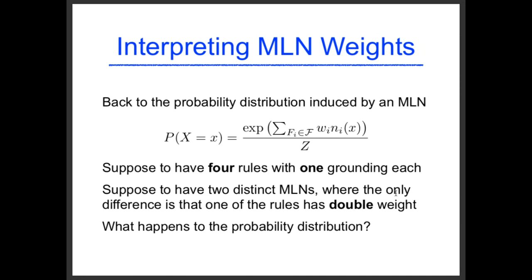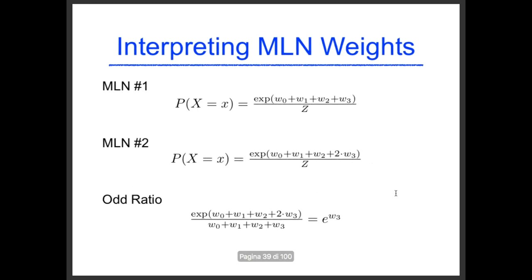And suppose you have 2 distinct MLNs where the only difference is that one of the rules has double the weight. What happens to the probability distribution in the 2 cases? So you have the first Markov logic network where the probability is the exponential of W, supposing that the grounding is 1, so they are all satisfied.